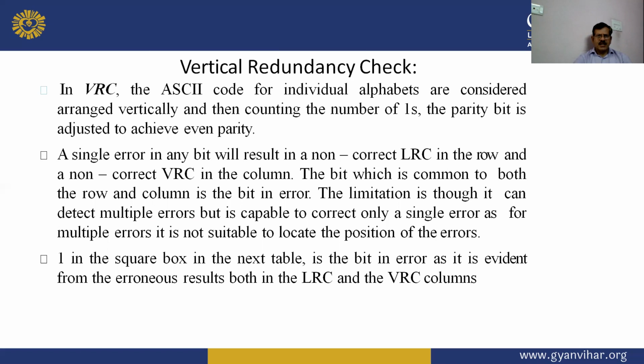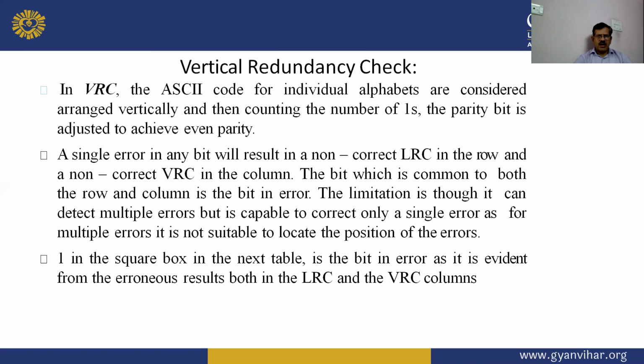A single error in any bit will result in an incorrect LRC in the row and an incorrect VRC in the column. The bit common to both the row and column is the bit in error. The limitation is that though it can detect multiple errors, it is capable of correcting only a single error. For multiple errors, it is not suitable for locating the position of the errors.